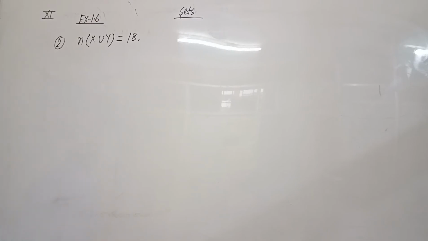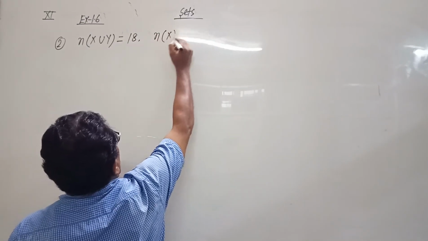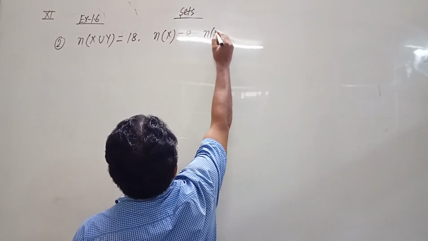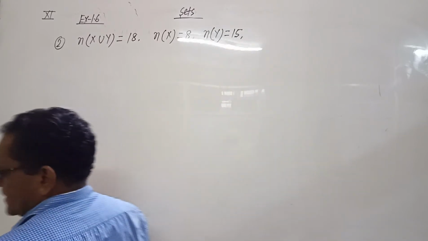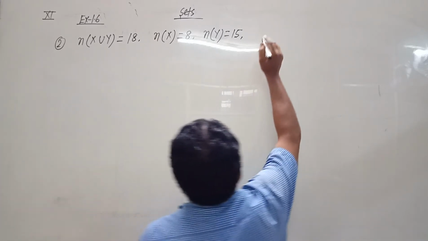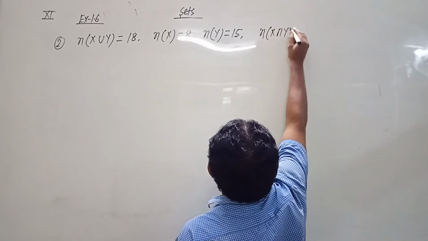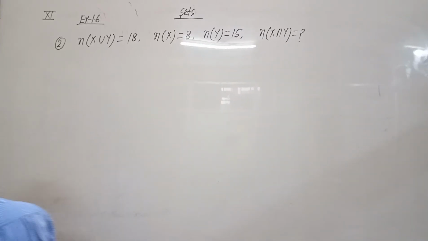X has 8 elements and Y has 15 elements. n(X) equals 8 and n(Y) equals 15. Then how many elements does X intersection Y have? So we have to calculate n(X ∩ Y).